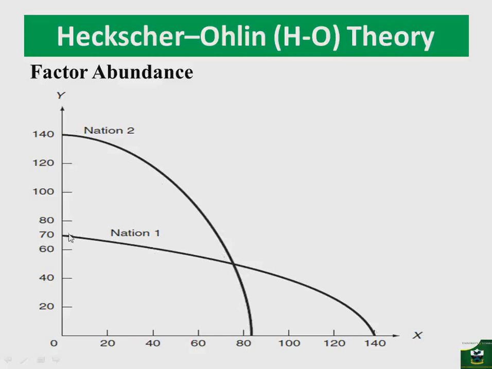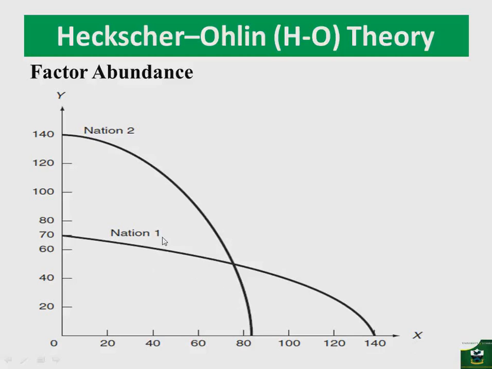Now you will notice that Nation 1's frontier is flat and bulging down and moving along the x-axis, while Nation 2's frontier is bulging up and moving along the y-axis, to show that Nation 1 is labor abundant, and therefore labor and commodity X is the labor intensive commodity.